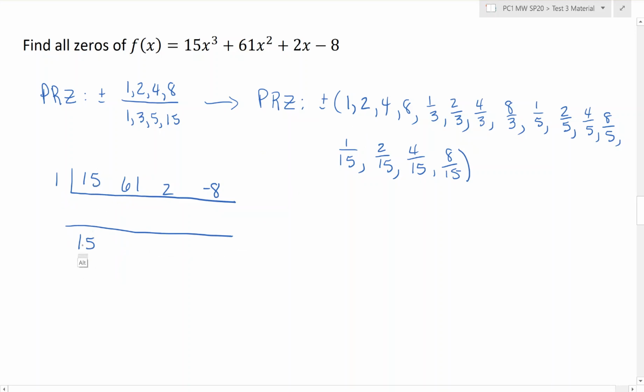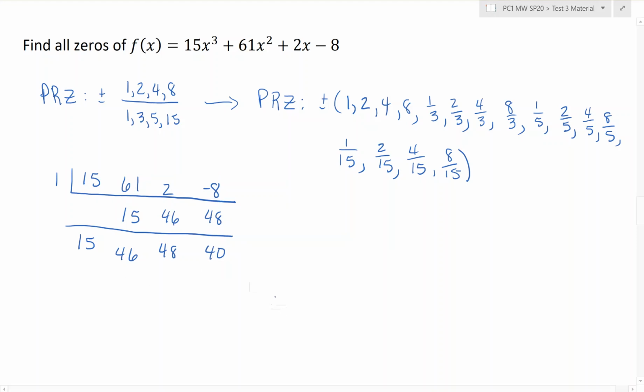I carry down. 15 times 1 is 15. 61 minus 15 is going to be 46. 46 times 1 is 46. 2 and 46 is 48. 48 times 1 is 48. Minus 8 is 40. And that is not a 0.